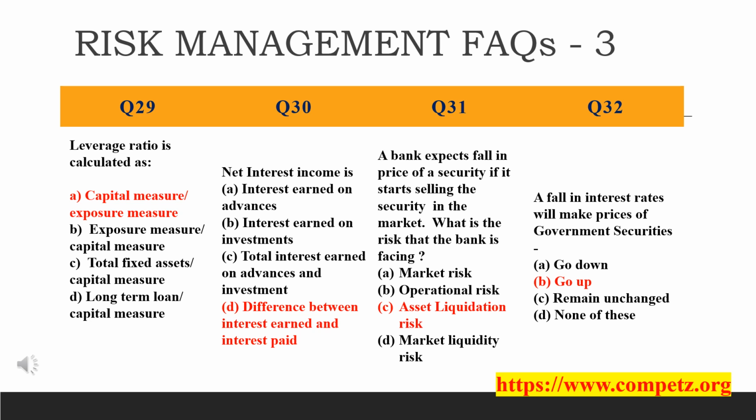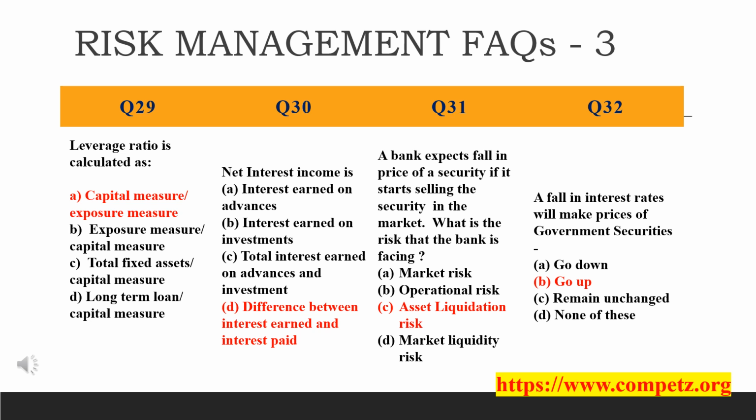There will be a reason behind it. So what is net interest income? Net interest income is the difference between the interest earned and the interest paid. So the difference is the net interest income. That's why the answer is the last option D.